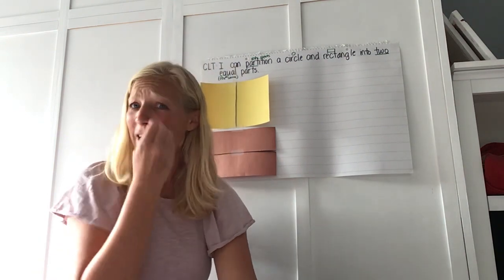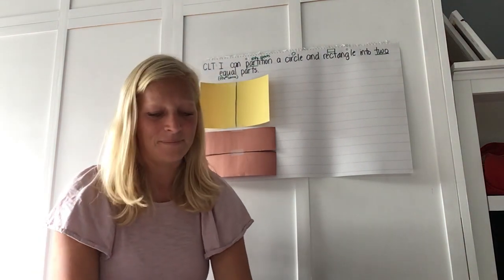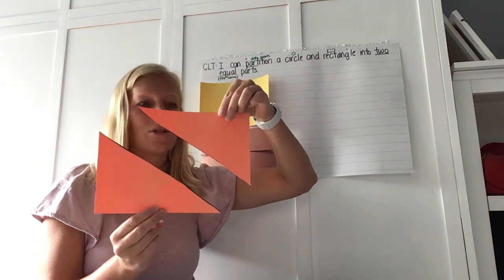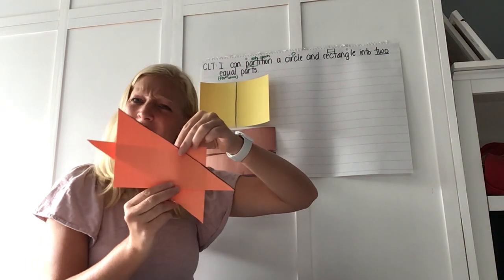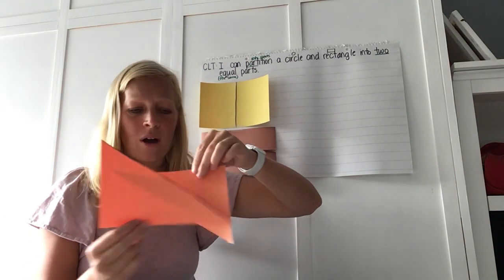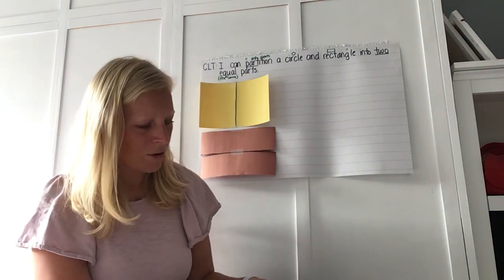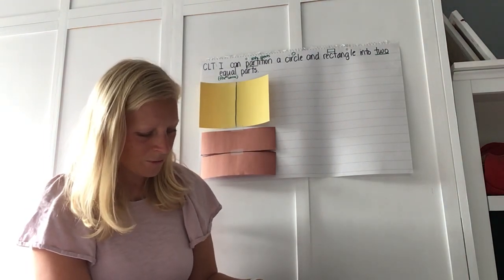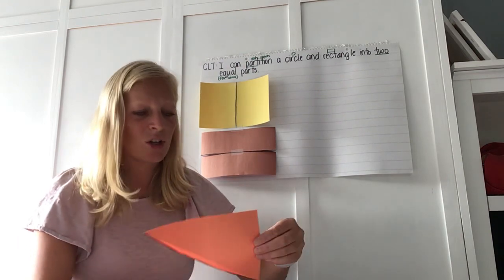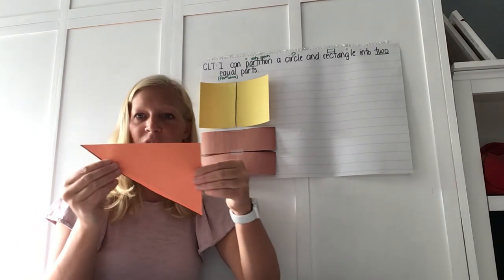These are not two rectangles, are they? We've got two what? Two triangles. Oh, they don't match up like this. What are you doing? Oh, you folded them. You lined them up and just turned them a little bit, didn't you?